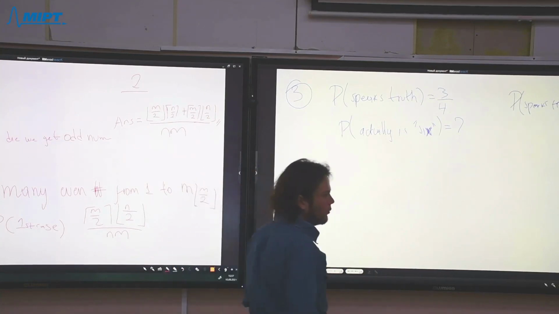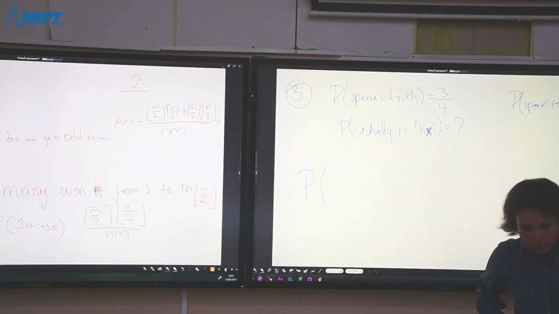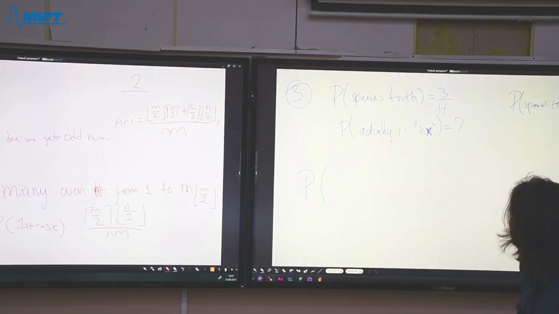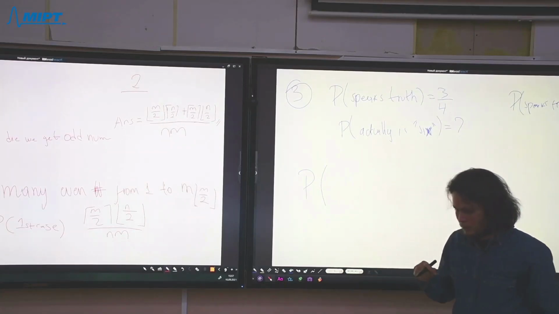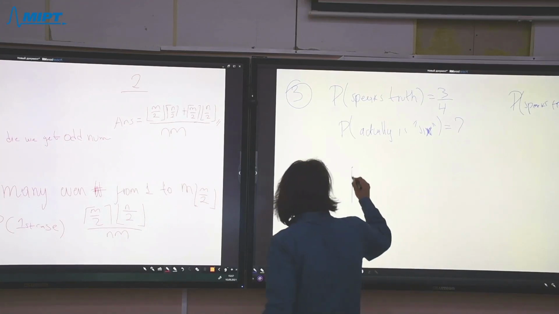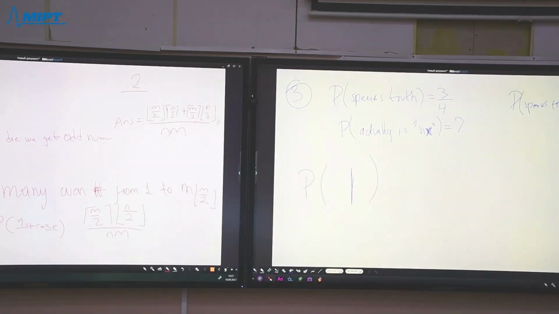So what conditional probability do we need to find? Here we have some conditional probability, because we want to use Bayes' theorem. So what do we know?